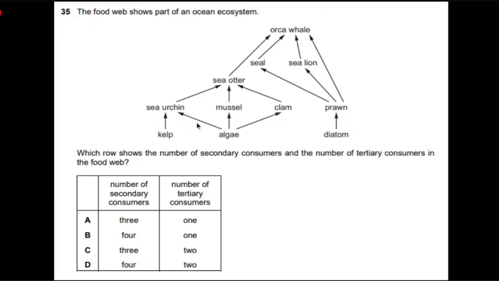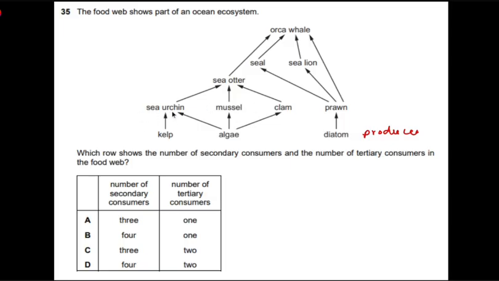So we have the kelp, algae, and diatom. These are called the producers because they are plants. That is where the energy flow starts from. Then these are going to give energy to these ones.